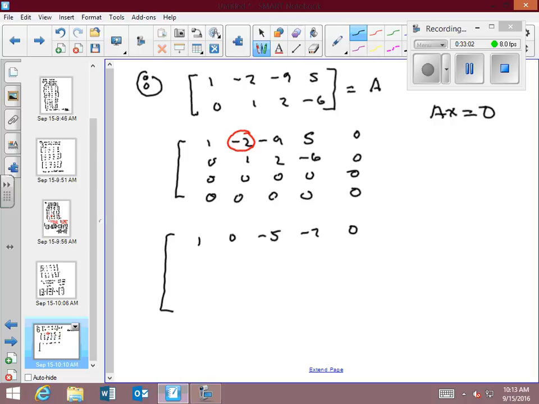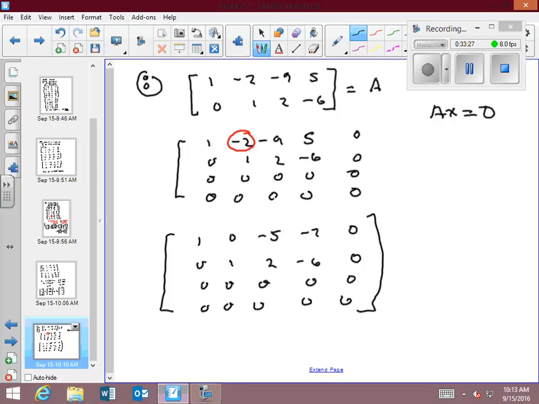Now you don't have to put that last column of zeros up there, or these bottom ones, but to me it helps that you recognize what you're dealing with.